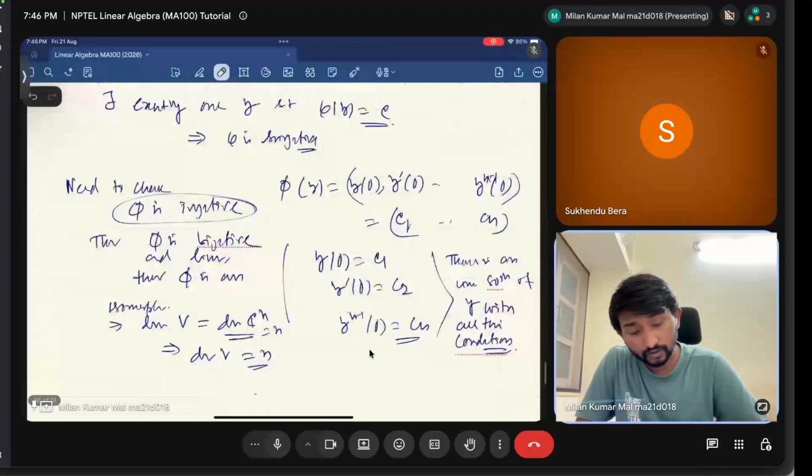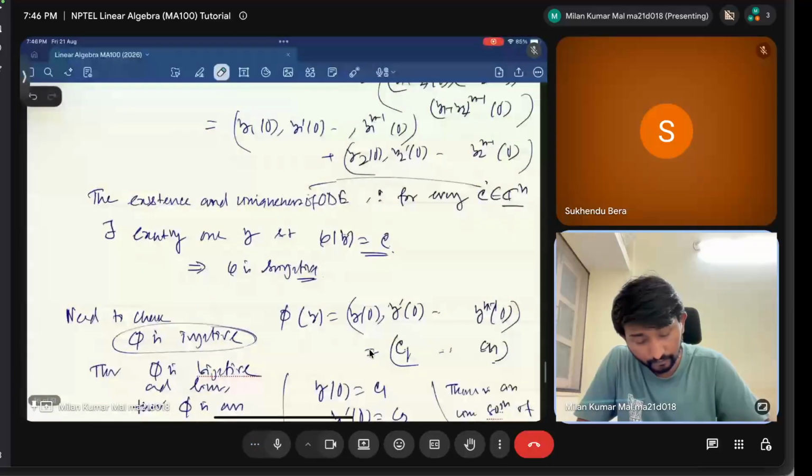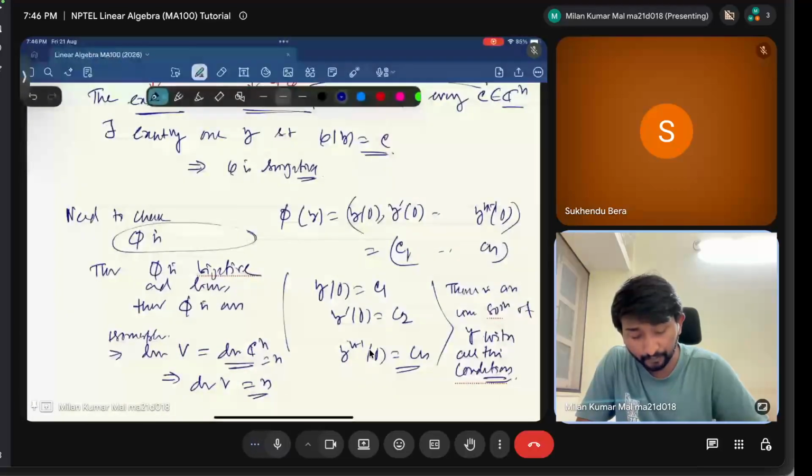So this gives bijectiveness directly, so the dimension equals n. So this will hold. That means the last option, option 3, is also true.